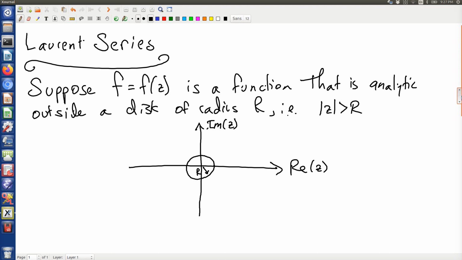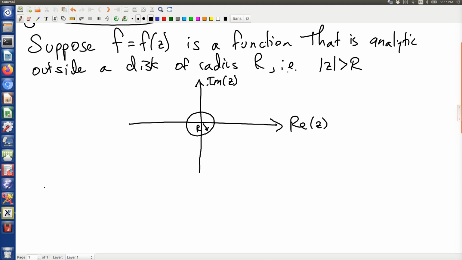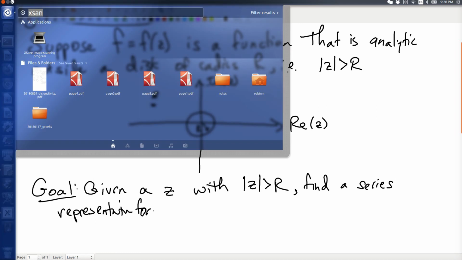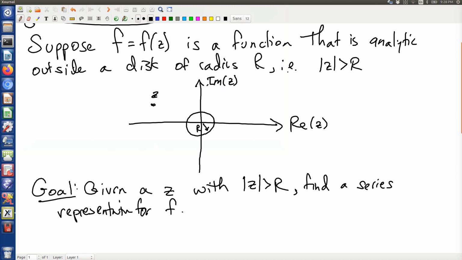And given a z with |z| greater than r, so maybe it's out here somewhere, the goal is to find a series representation for f. That's the goal.